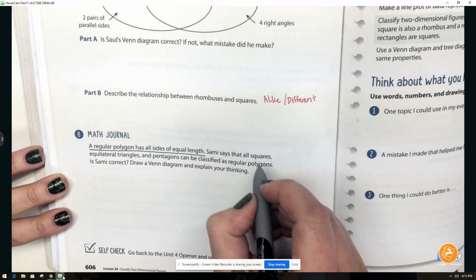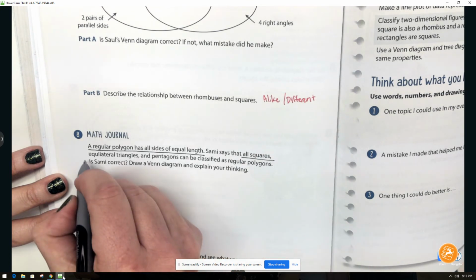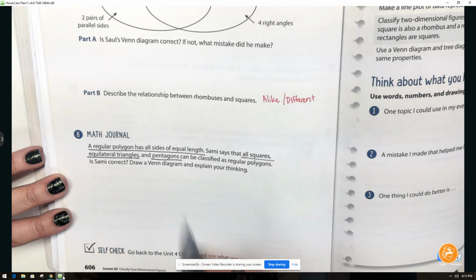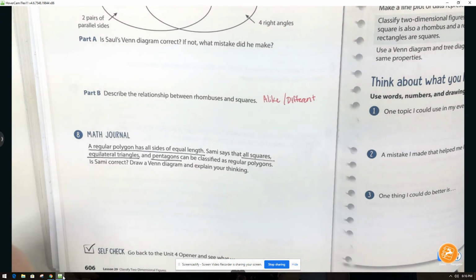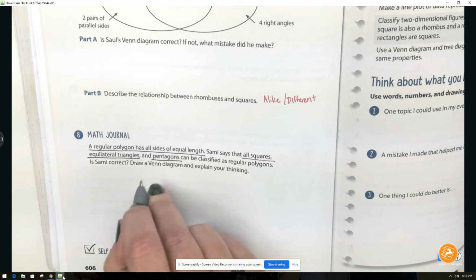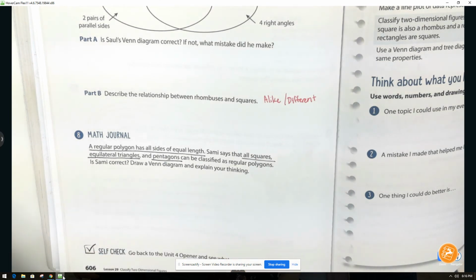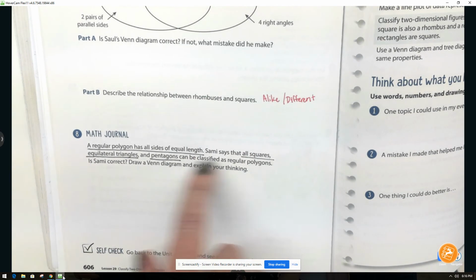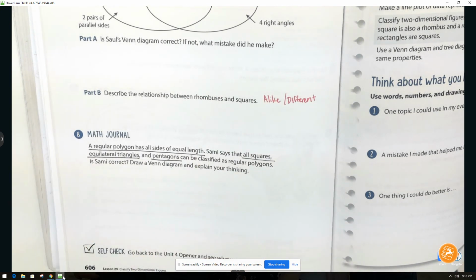Can all squares, all equilateral triangles, and all pentagons be classified as regular polygons? Tell me whether or not Sammy's correct and then draw the picture that matches it. And that will tell me whether you think Sammy is correct or isn't correct.